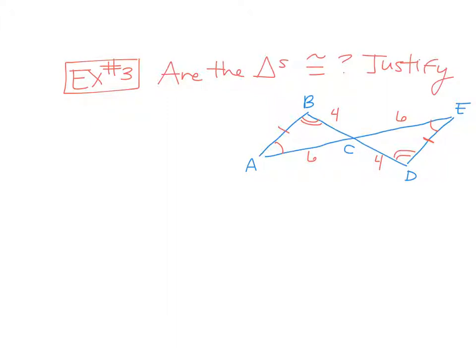So in this setup, the rule is whenever something's marked for you with hash marks or with arc marks, that is considered given, okay?